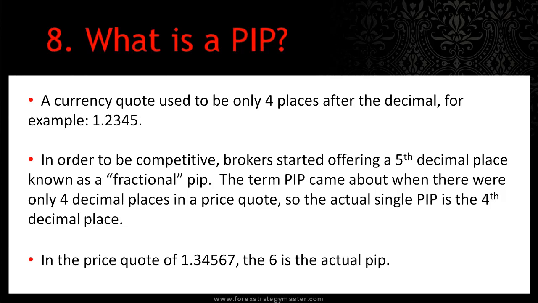In the price quote of 1.34567, which has 5 places after the decimal, the number 6 is the actual PIP because it's the 4th place after the decimal. So the 6 is the PIP, the 7 is 1/10 of a PIP.